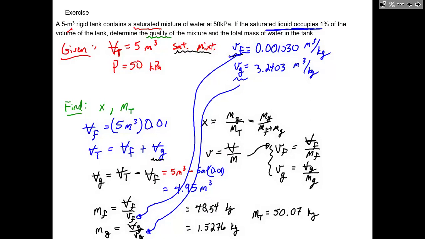All right, so I'm almost there. I've got my total mass. That's good. Now I just need my quality X. So I'm going to take my masses, plug them back up here into my equation, and I end up with 0.031.